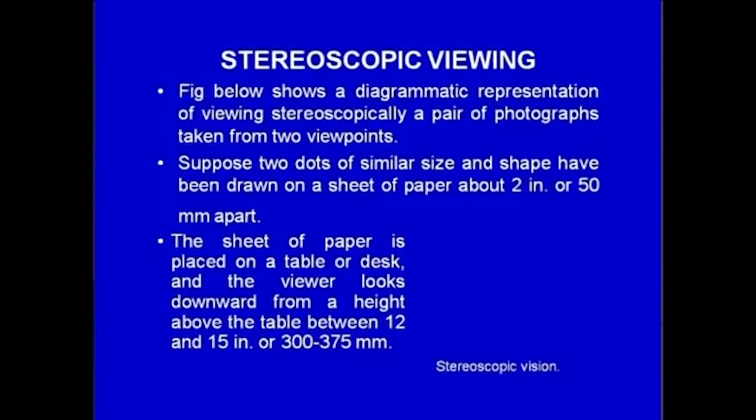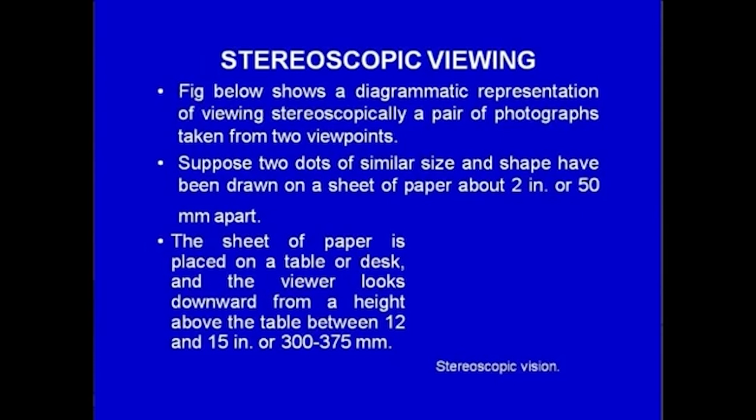Now, let us look at the concept of stereoscopic viewing. The figure below shows a diagrammatic representation of viewing stereoscopically a pair of photographs taken from two viewpoints. Suppose two dots of similar size and shapes have been drawn on a sheet of paper about 2 inch or 50 millimeter apart.